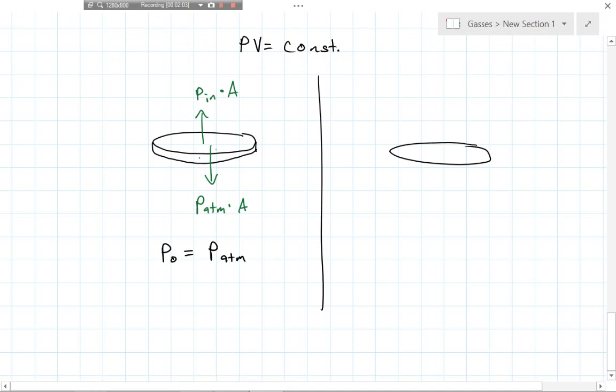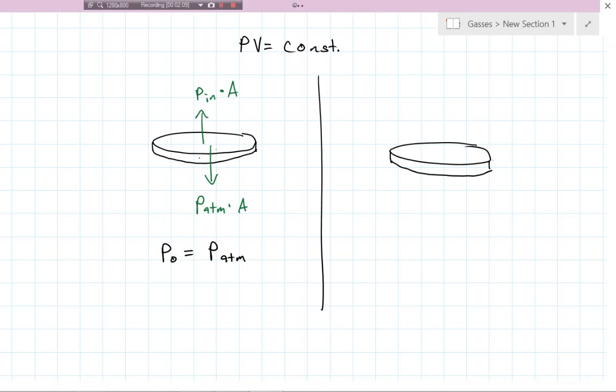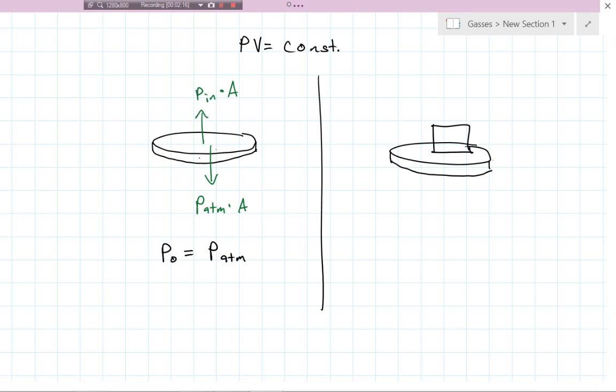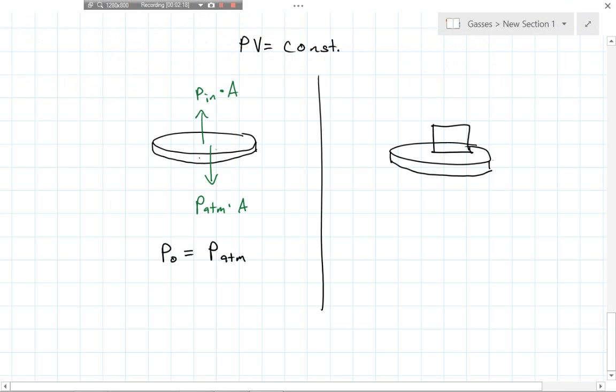So now let me go ahead and draw a picture of the free body diagram after the mass is added. So here we've got this lid here, and now there's going to be three forces that are exerted on the lid. Actually, let me go ahead and draw the mass on top of here too. So we have the weight of the mass pushing down on it, its force due to gravity. We have pressure from outside of the container, so we have P atmosphere times the area of the container.